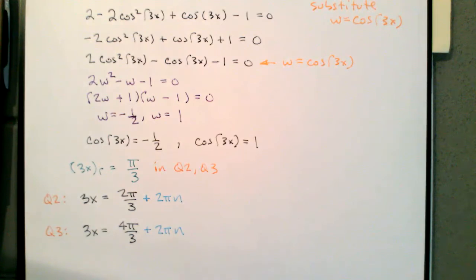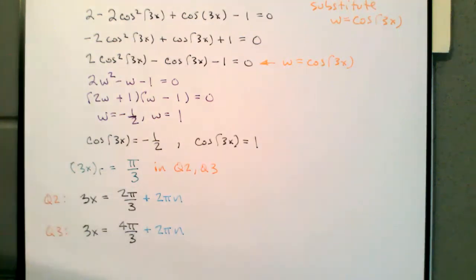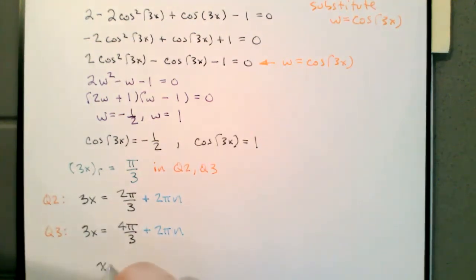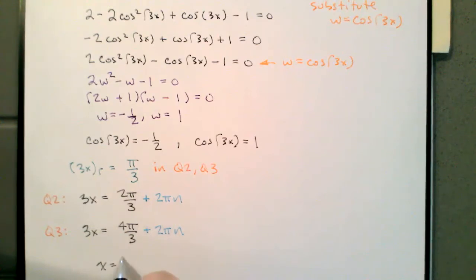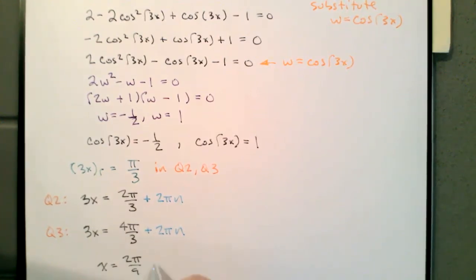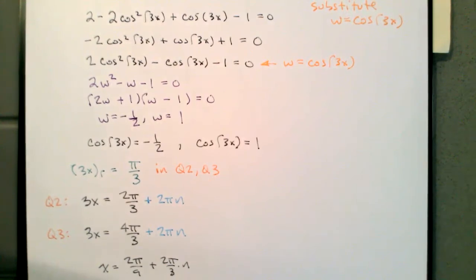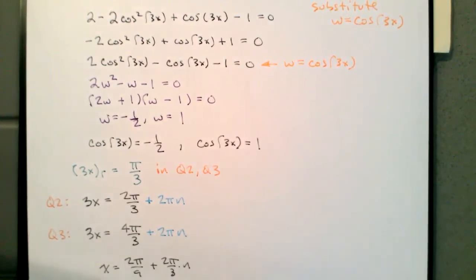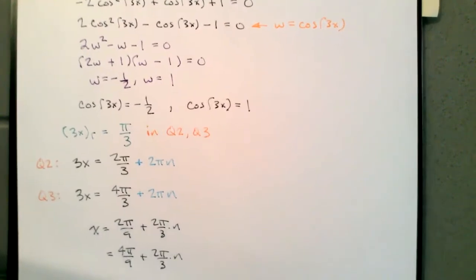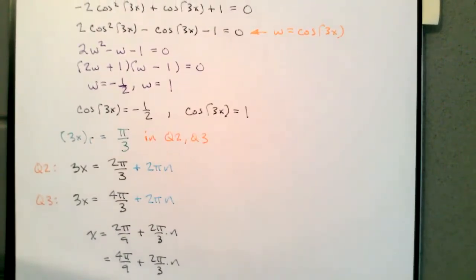Now we just need to divide through by 3. So we'll have 2 pi over 9 plus 2 pi over 3 times n. Also 4 pi over 9 plus 2 pi over 3 times n. That's for the cosine of 3x equals negative 1/2.